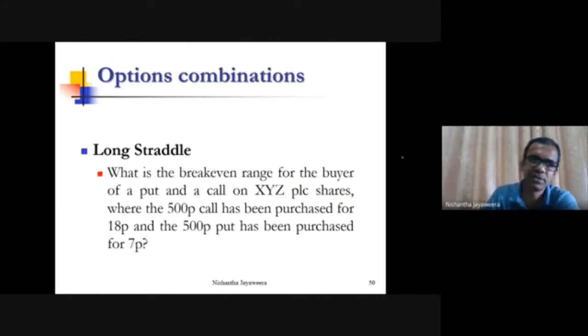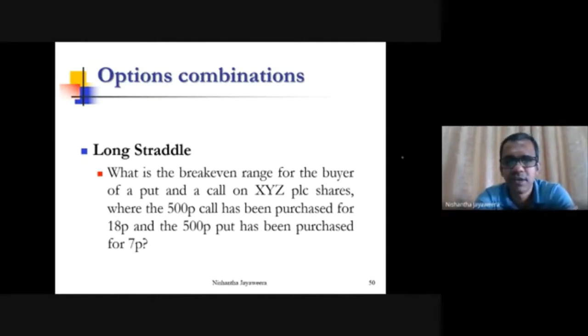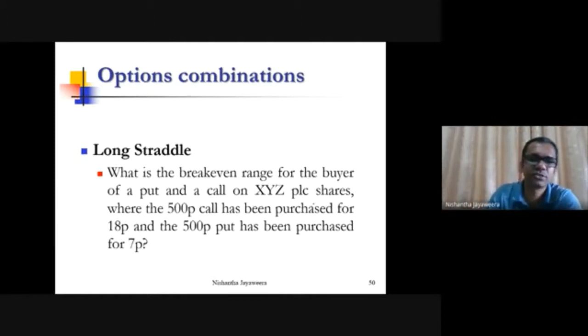This is an example of a long straddle. What is the break-even range for the buyer of a put and a call on XYZ PLC shares, where the 500p call has been purchased for 18 pence and the 500p put has been purchased for 7? What are the 2 break-even points? What is the total premium? 18 plus 7, 25.